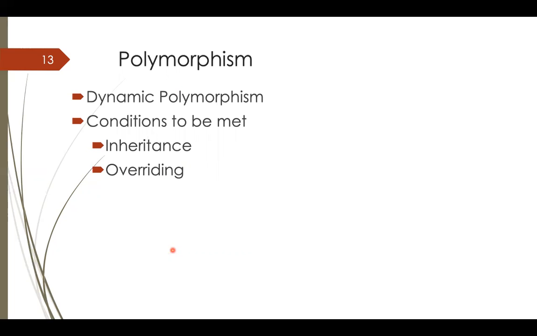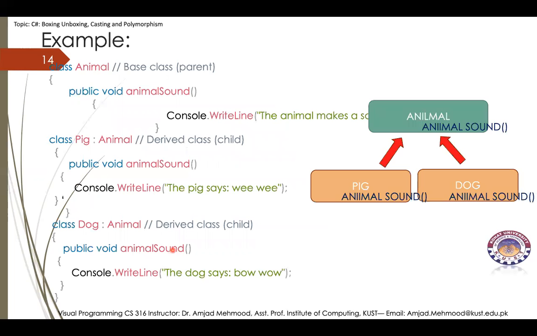Here you can see that we have a class animal. You can understand this programming through this diagram. We have a parent class called animal, and in the animal class we have an animal sound method, and we have two child classes, pig and dog.